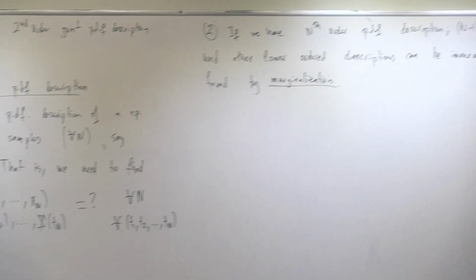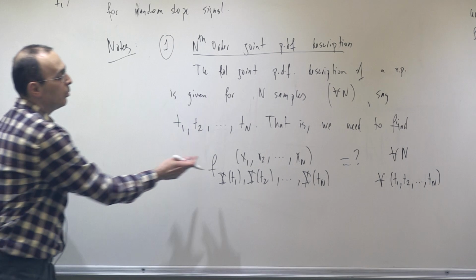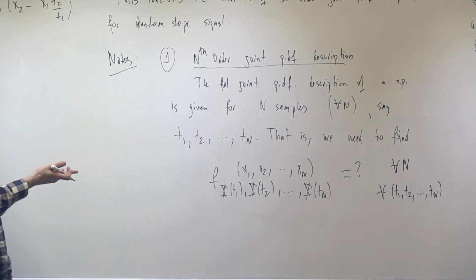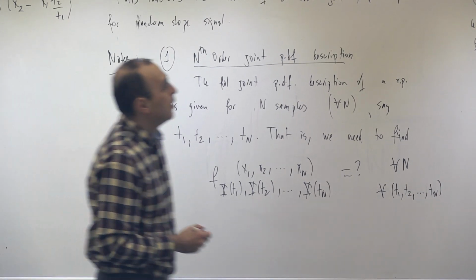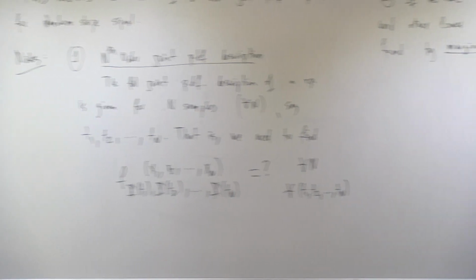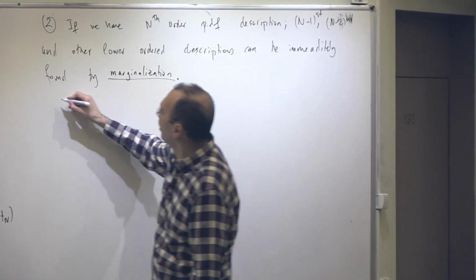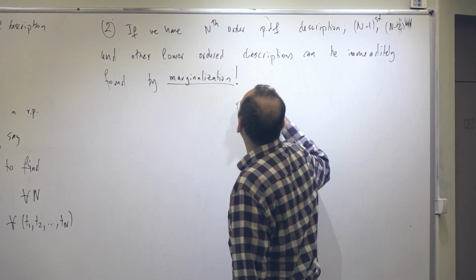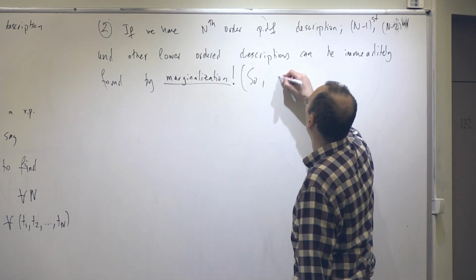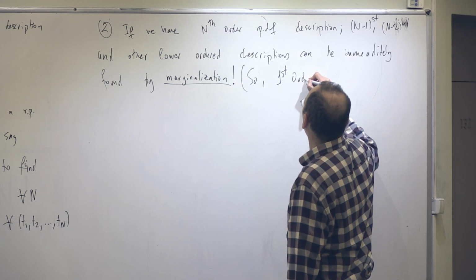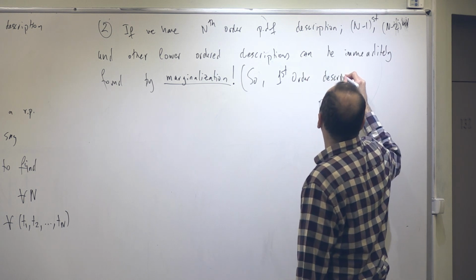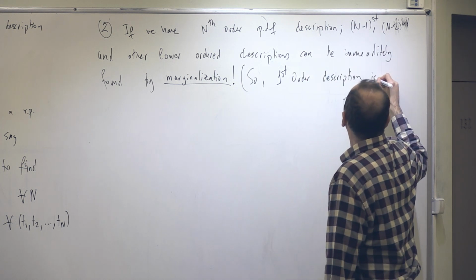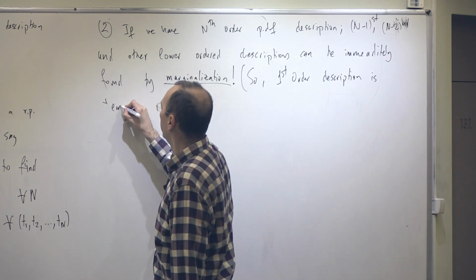Maybe I don't need to find the first order description if I know the second order description, isn't it? It's just embedded inside, okay? Which is good to observe. So this is very valuable. If we have the nth order description, we can, by marginalization, find the lower orders. Okay, so the first order description is, let's say, embedded.